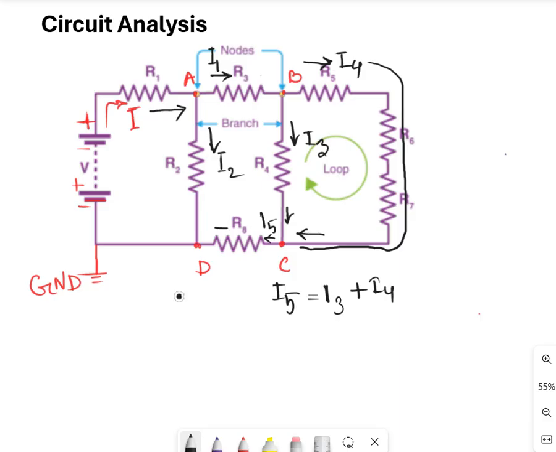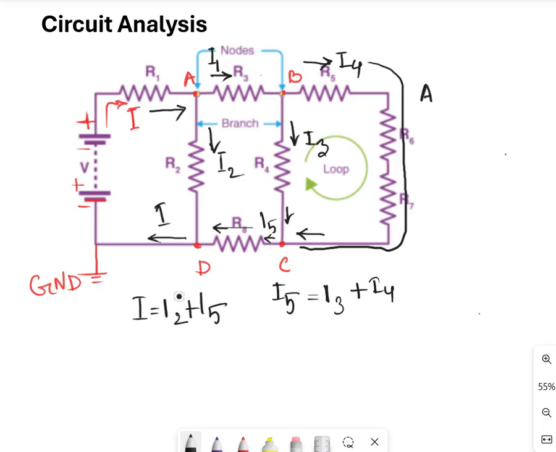Again, I5 is going through this direction to node D, and I2 is also coming to node D and going back in this direction, which is the current I, right? So I is equal to I2 plus I5.